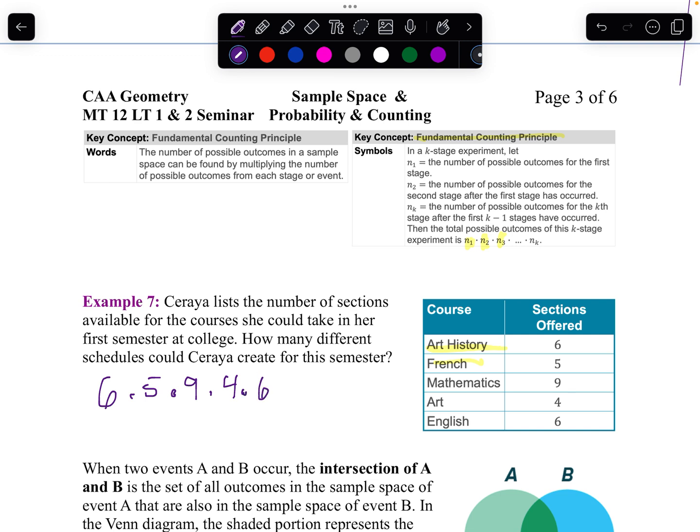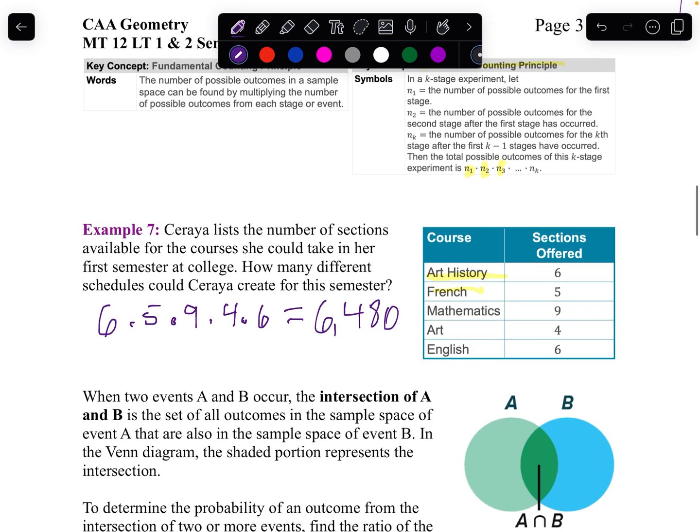Rather than making a tree diagram, we're going to multiply them together. And if I take 6 times 5 times 9 times 4 times 6, we get 6,480 different schedules she could have. So she's got a lot of choice in there of how her schedules work out.